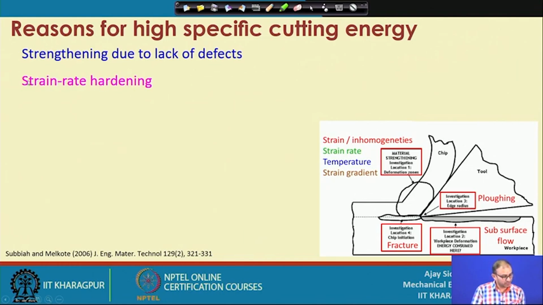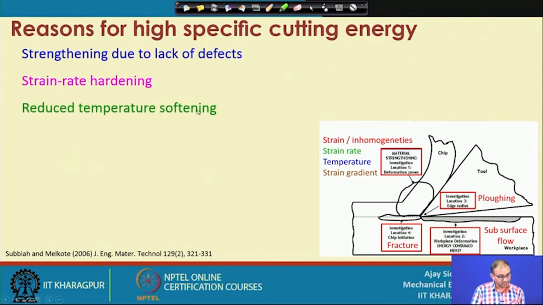Strain is mostly connected with dislocations and inhomogeneity, and with respect to time, how much it is increasing. That is again one of the reasons for high specific cutting energy, because the material becomes very hardened and material removal is very difficult.